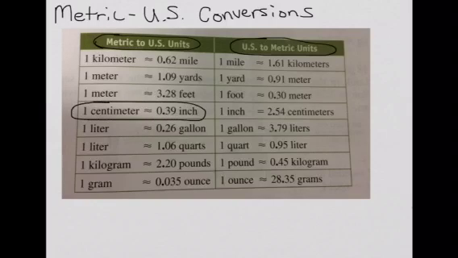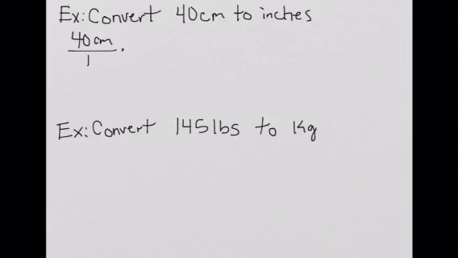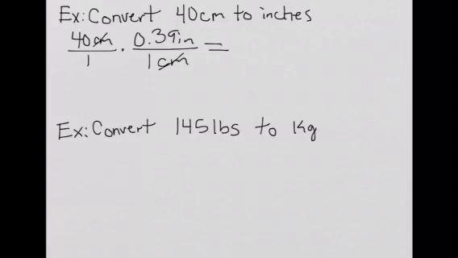So 1 centimeter is approximately, notice these little squiggly equal signs, that means approximate. It's not exact, it's an approximated value, but 1 centimeter is approximately 0.39, and so we're going to use that. So we know that we have 0.39 inches is approximately 1 centimeter. Okay, and so now what happens is our centimeters cancel, and so we just multiply.